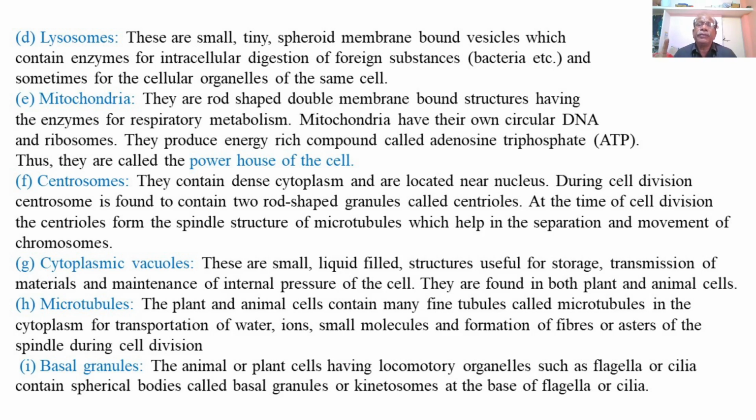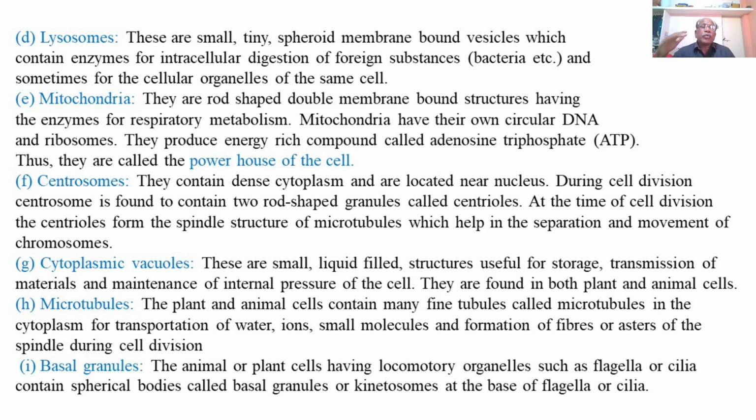During cell division, that is the process of mitosis or meiosis, the centrosome is found to contain two rod-shaped granules or structures called centrioles. At the time of cell division, the centrioles form the spindle structures or the spindle fiber attachment of the microtubules, which help in the separation and movement of the chromosomes during the process of cell division or mitosis.